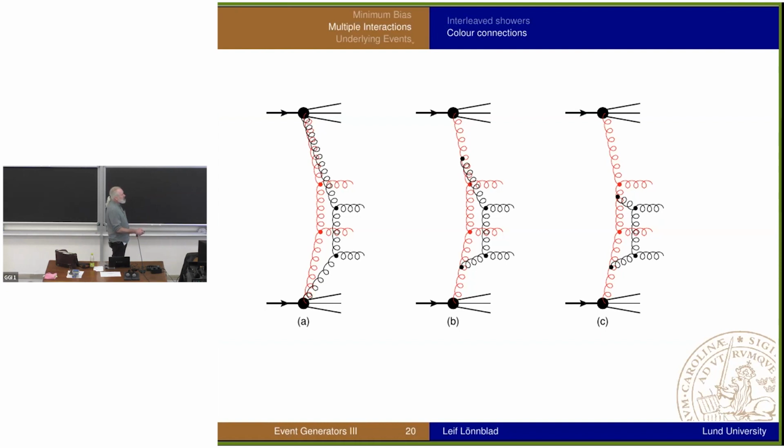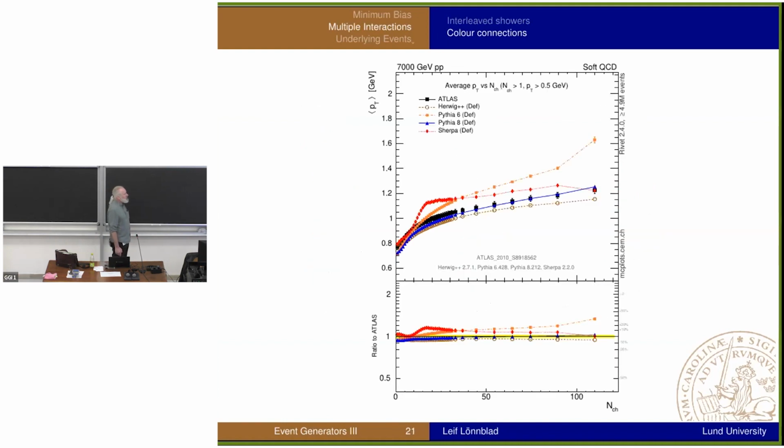Color reconnection means that we basically have a situation like this. These are not necessarily perturbative vertices here, but there are only two colors exchanged here and two colors here. And you can connect them however you like. And this turns out to be extremely important in order to understand the soft particle production, not only in minimum bias, but also in jet physics, where you have to worry about the underlying event. And this is the thing.